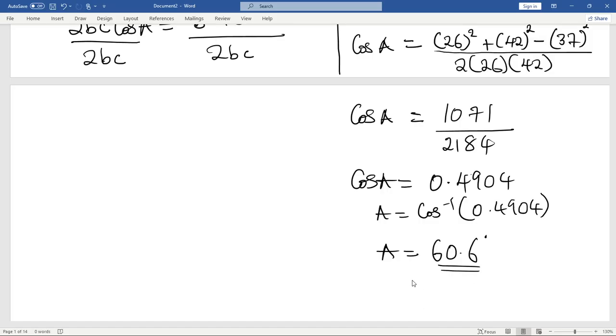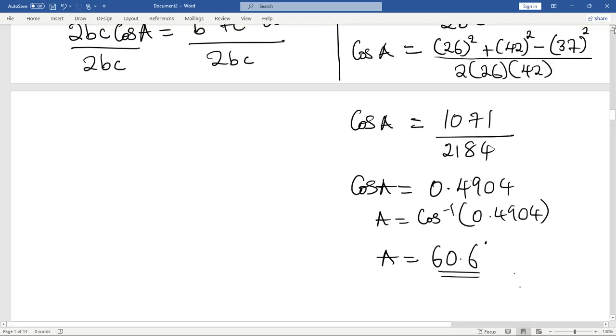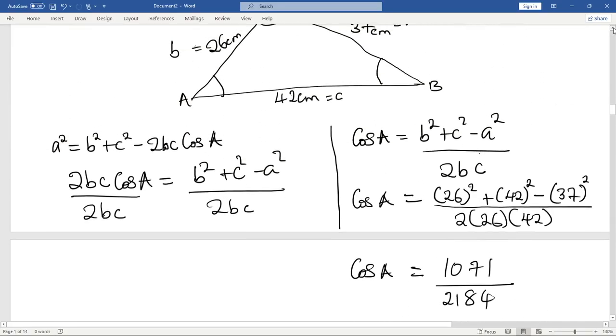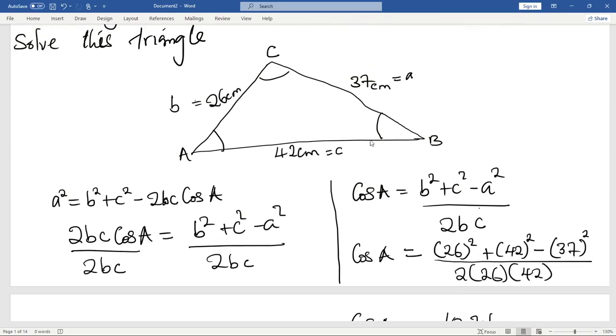Okay, let's also find the value of B and also the value of C. So since the value of A is 60.6 degrees, let's go ahead and plug it back into the diagram that we have, so that it helps us find the remaining values. So here we're saying the size of the angle at A is 60.6.